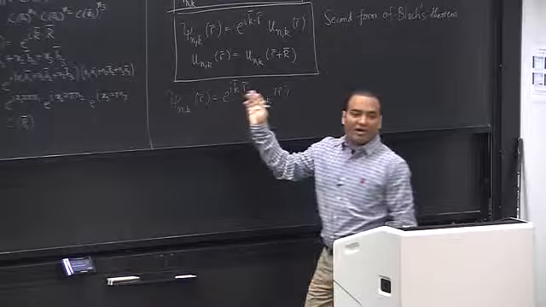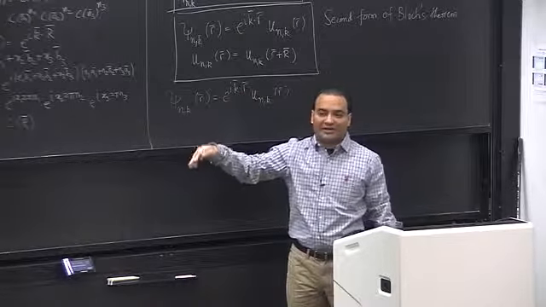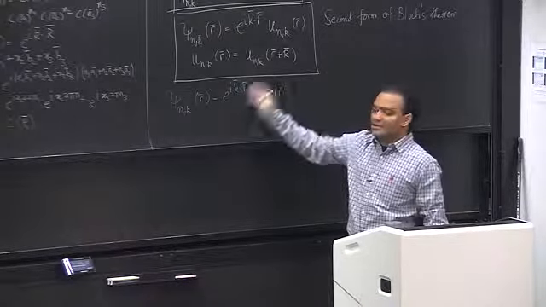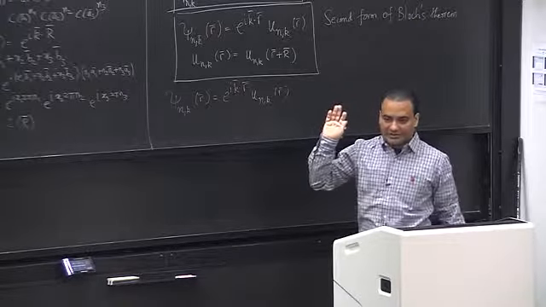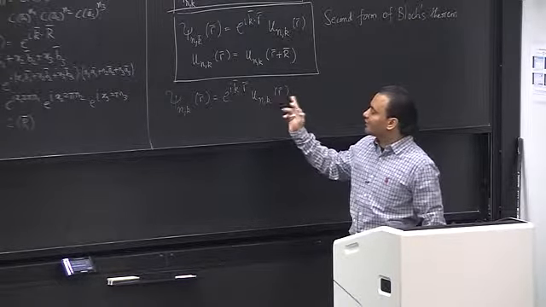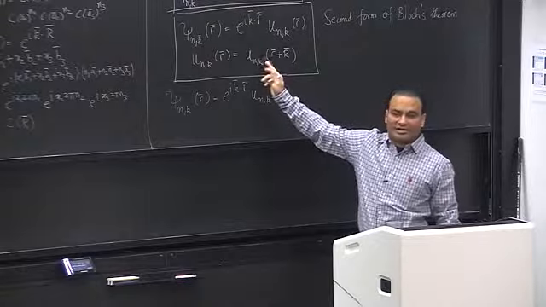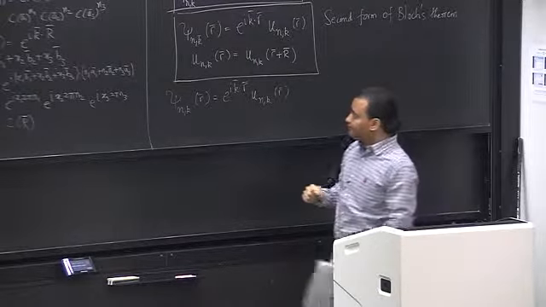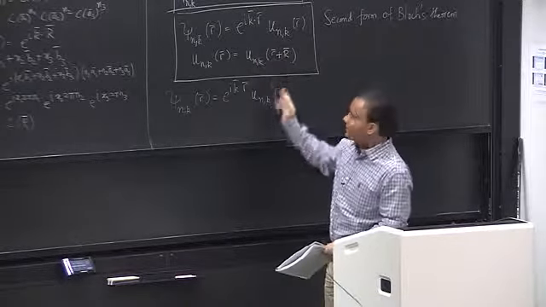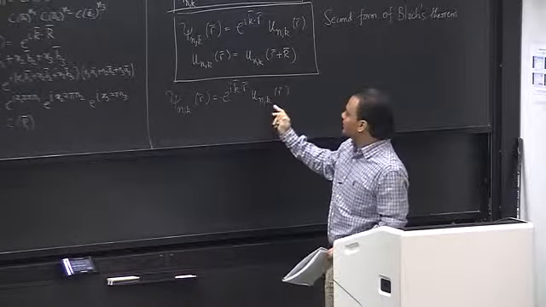I can always write this: I have some function on the left-hand side, and I can write it as some plane wave times another function. The goal is to show that this function has the same periodicity as that of the lattice. So this function must satisfy this property.